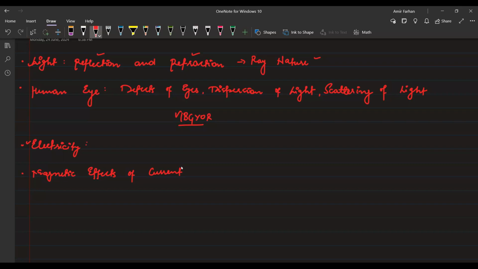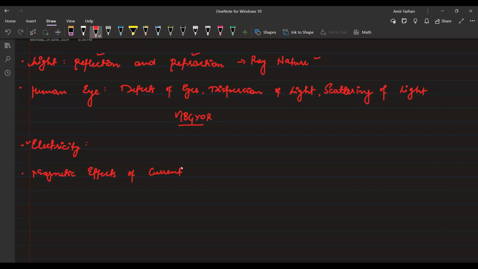Okay, when the current is flowing through the conductor, a kind of region is generated in which we will feel magnetism. So that's why this chapter is known as magnetic effects of current. In this chapter, we'll study what the direction of the magnetic field is, what the properties of magnetic field lines are, and what factors affect the magnetic field.